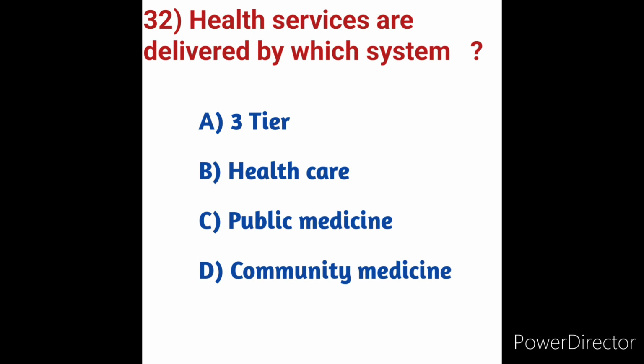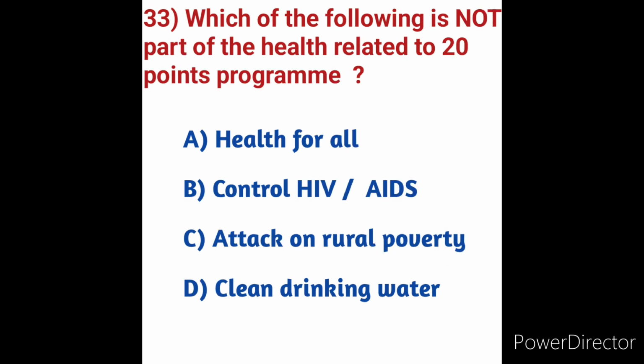Healthcare providers include hospitals, doctors, nursing staff, clinics, nursing homes, medical practitioners, nutritionists and dietitians, and many more. Hospitals, clinics and nursing homes are the places where patients come for diagnosis of any injury or disease. Next we will move on to question number 33.